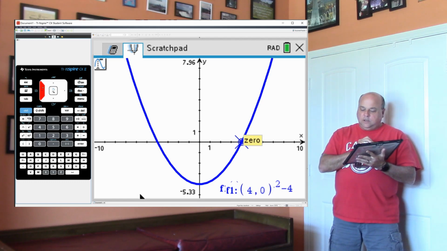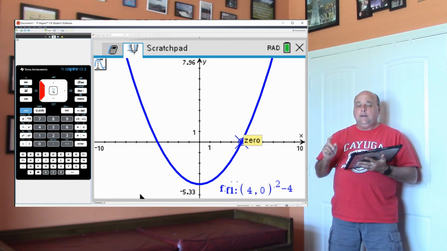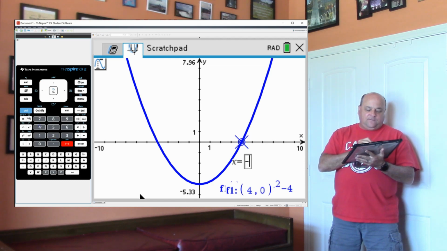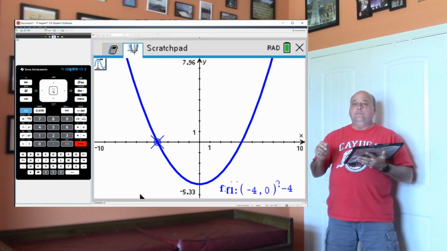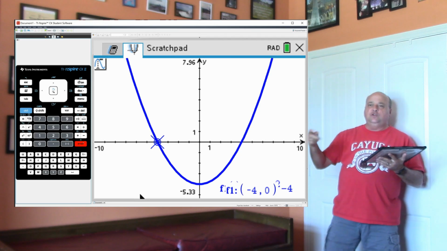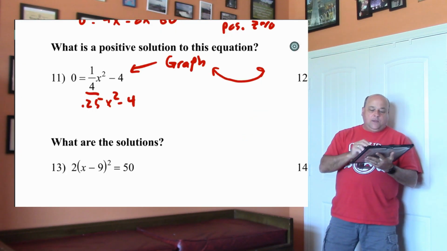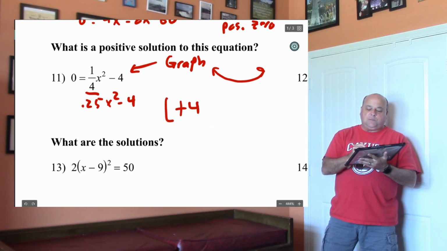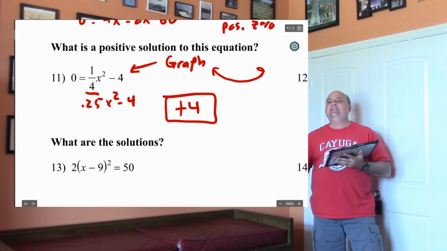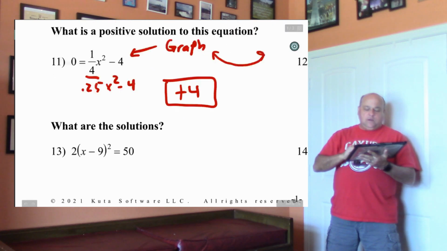Okay, so my first 0 is 4. Now then, I'm just going to type in -4, hit enter, and boom, that's my other 0. So the two zeros are -4 and 4. Okay, so what is the positive solution? The positive solution is +4. Piece of cake. Let's keep going.